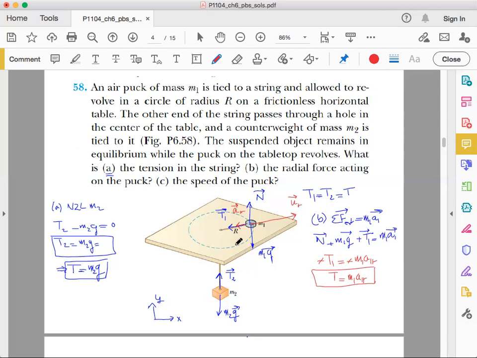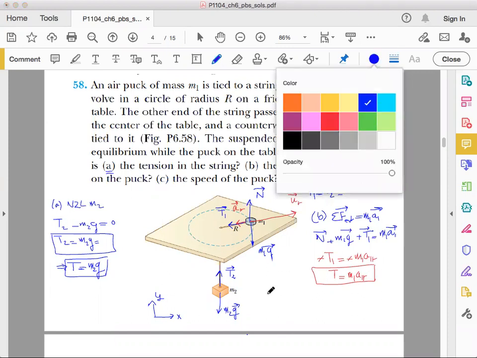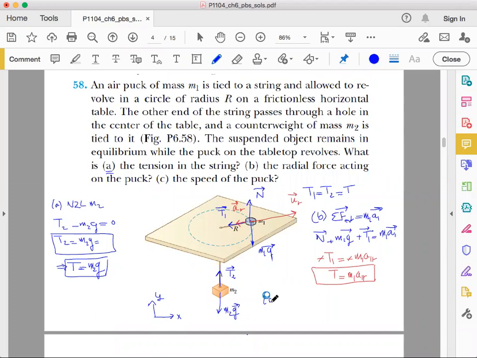Finally, you have to determine the speed of the puck. If you know the expression for a1R, it's very easy to find the speed of the puck. We know that T is equal to m1 times a1R, and that the radial acceleration is equal to v squared over r.